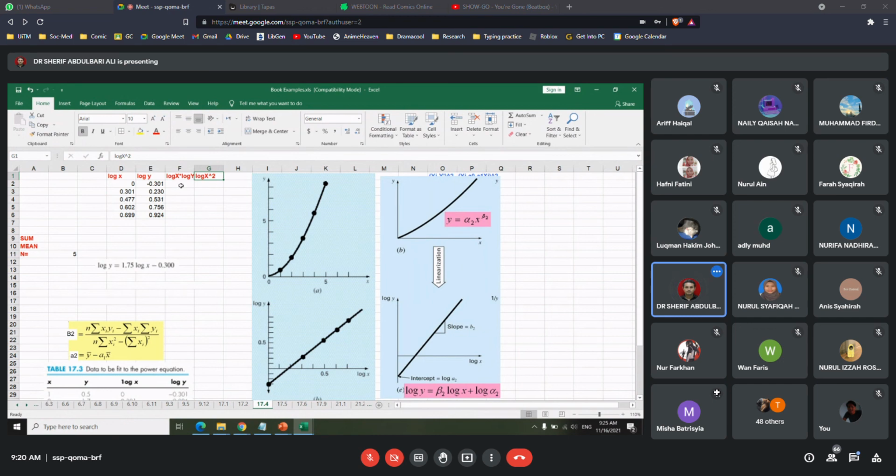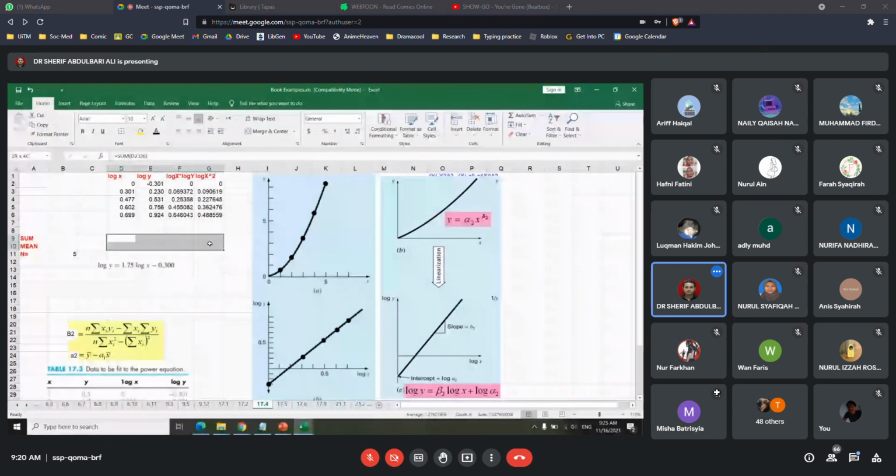So find the values. Then you need to find the summation of these values and the mean. So this is x, this is y, this is x times y, and this is x squared.